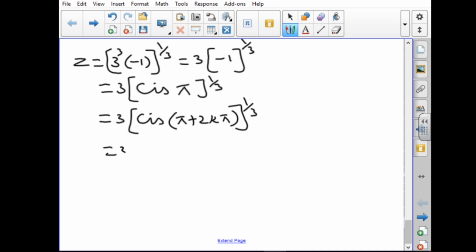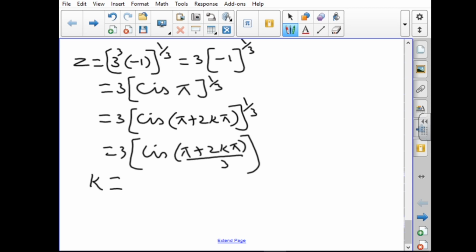The next step, apply De Moivre's theorem. So 3 into cis ((pi plus 2k pi) by 3). Then here we have z cube, so we will be having 3 roots. So k is equal to 0, 1, 2.